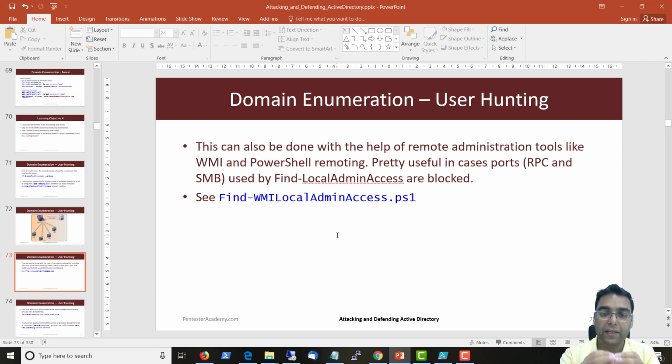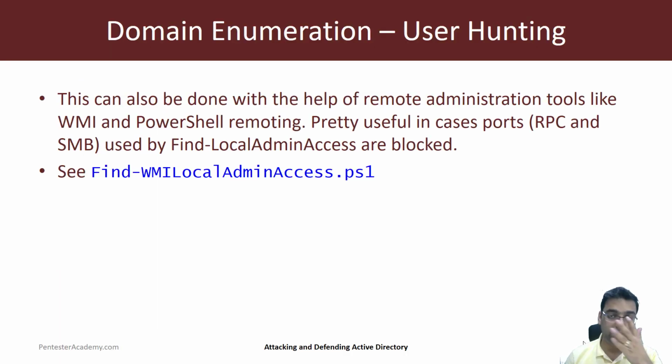Because WMI by default needs local admin privileges, in case of an error, the script understands that there are no local administrative privileges. But in case of a success, we know that we do have local admin privileges, right? So a very simple implementation, but very effective. Feel free to modify this to implement multi-threading, etc. Right? So this way, we enumerate for local admin privileges in a domain.